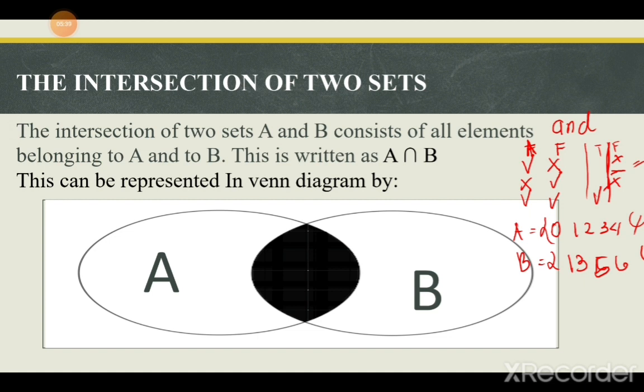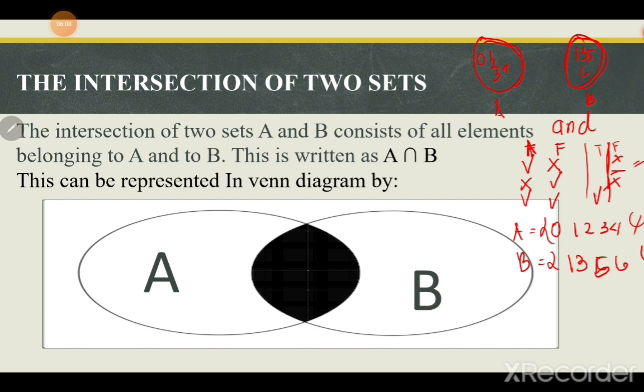So this is the representation of the intersection of two sets in a Venn diagram. You make a circle, let's say this is circle A, which represents your set 0, 1, 2, 3, 4. And then another circle B, which represents your set 1, 3, 5, 6.